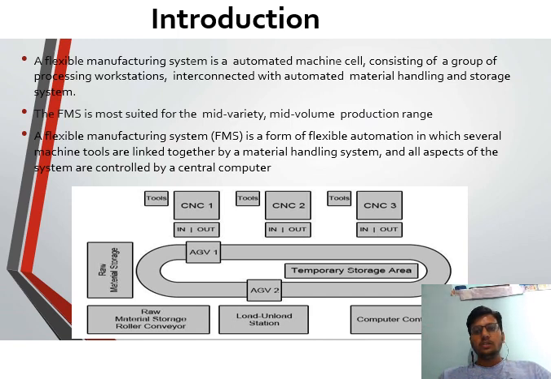Then the end product is moved to the unload station and we get the final product. In between there is a temporary storage area where we can temporarily store the end product of these workstations. All these systems are controlled by computer. We get computer controlled workstations. So this is the flexible manufacturing system.